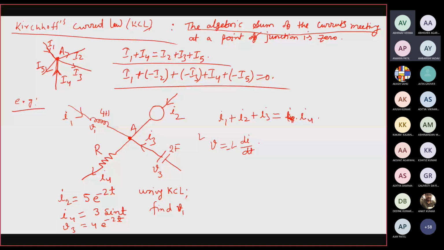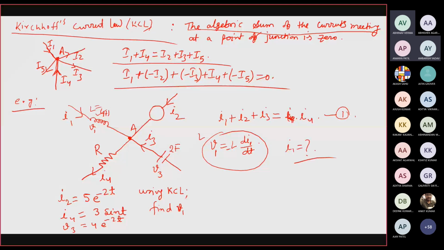So first of all, our objective should be to calculate this current I1, because the value of L is already given, which is equal to 4 Henry, and if we know the value of I1, then this will be L di1 by dt, right? So using this expression, equation 1, first of all let us try to calculate I1.